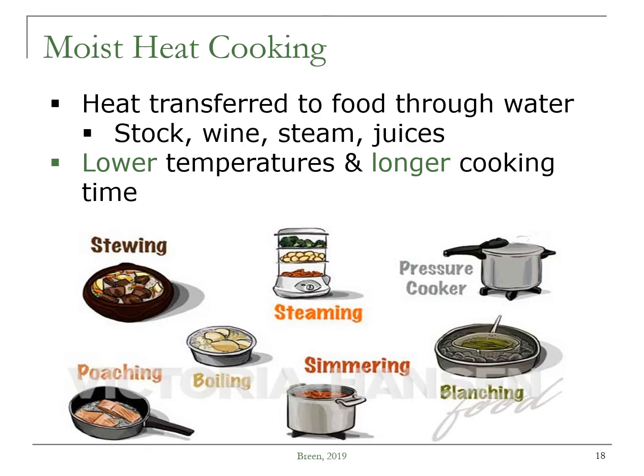On the other hand, with the moist heat cookery, heat is transferred to the food through a liquid. This cooking method uses lower temperatures and requires a longer cooking time. So think of stews or soups where you are simmering the soup on low for a longer period of time.